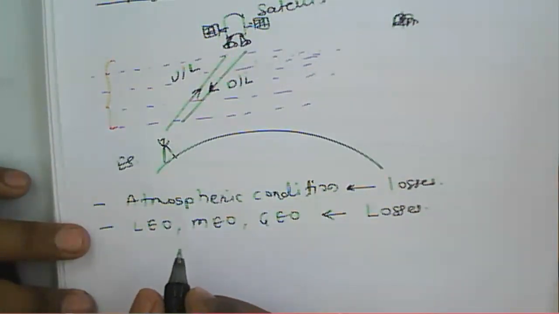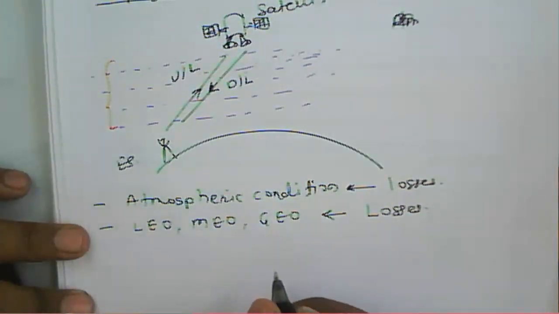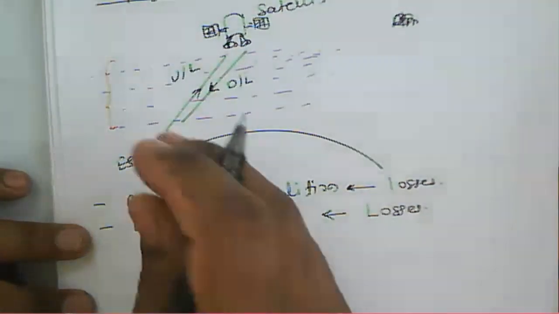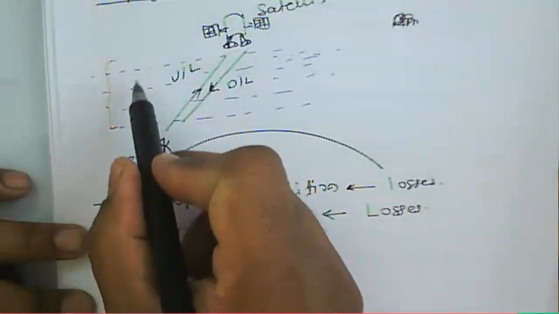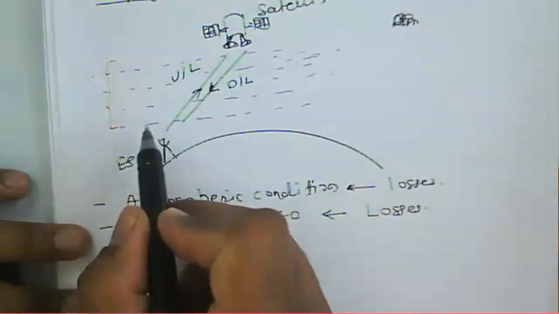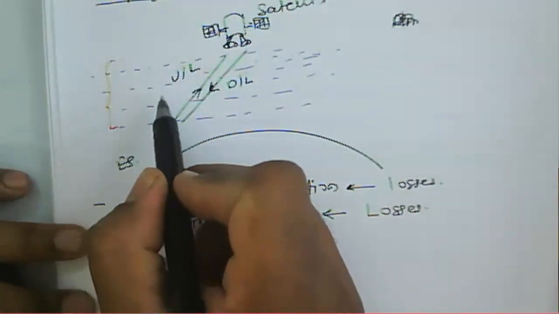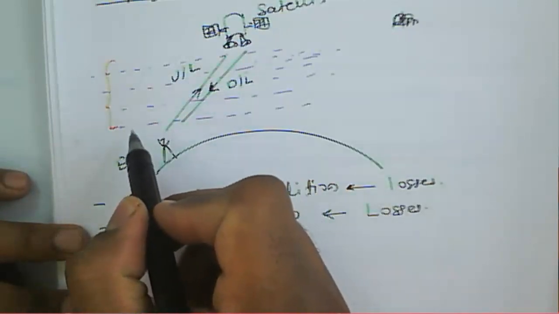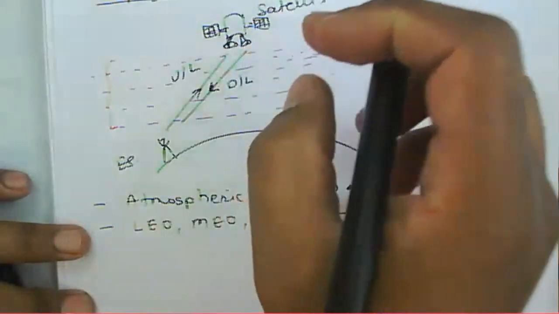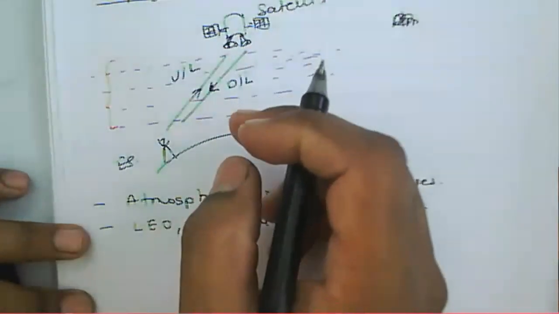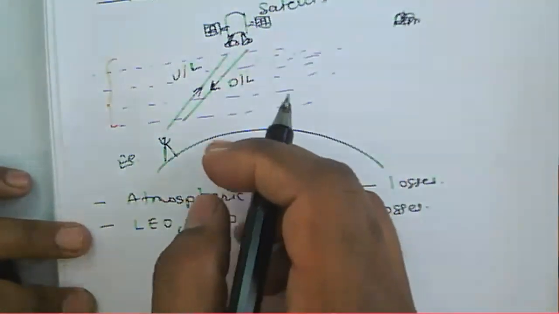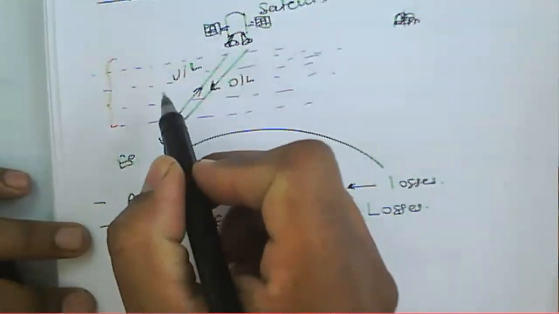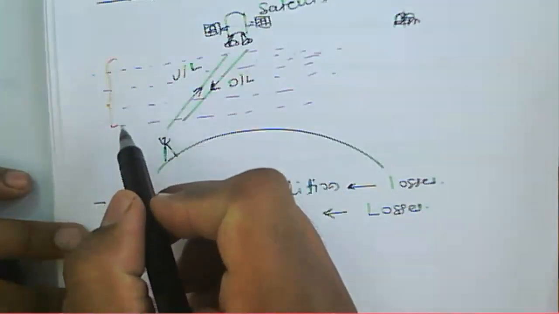Losses mean the signal level gets degraded or absorbed in the atmospheric region. The atmosphere has various elements, such as ionized gases, and ionization and gas effects occur on the signal.